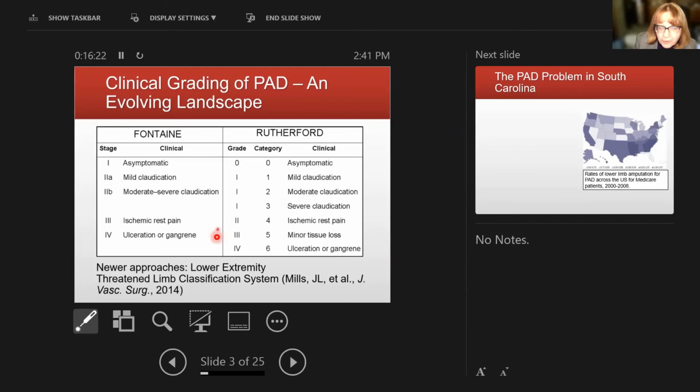So these older approaches are not that useful to the clinician to determine how best to treat the condition based on combinations of the patient ischemia, tissue damage, and so there's a newer method that has been published recently called the lower extremity threatened limb classification system, developed from the Society for Vascular Surgery.